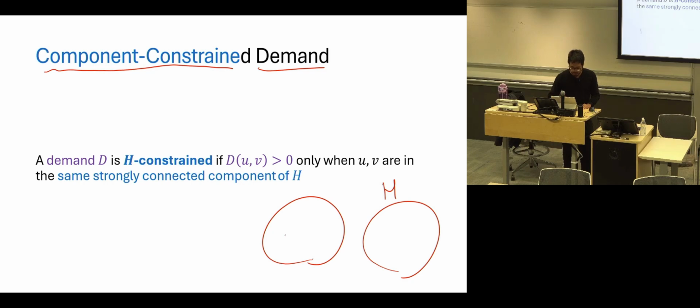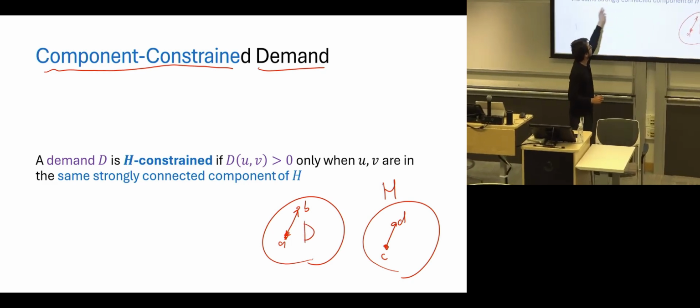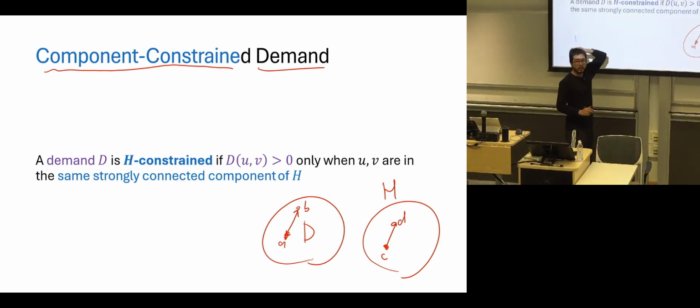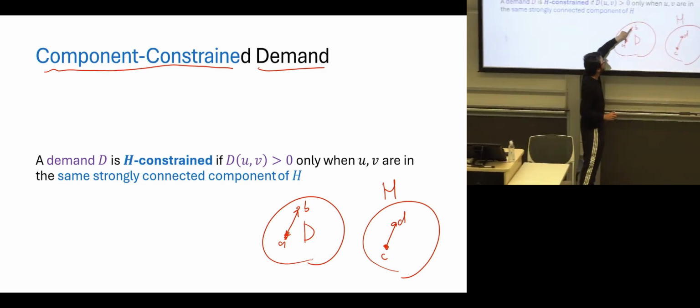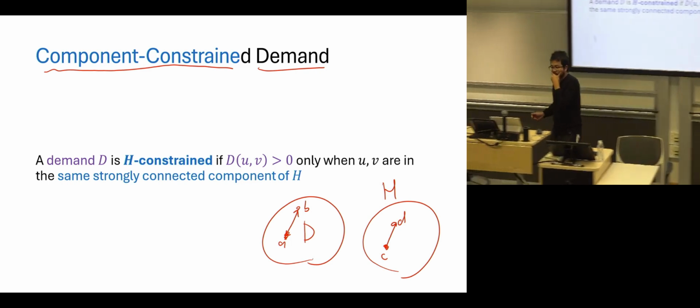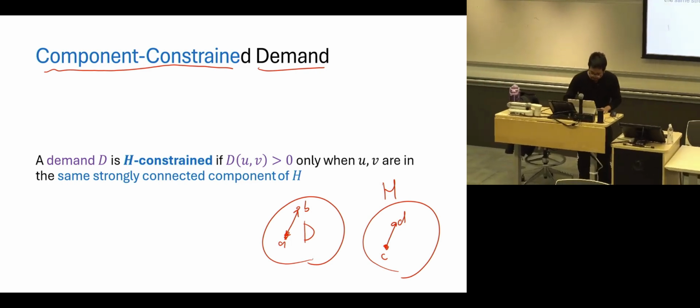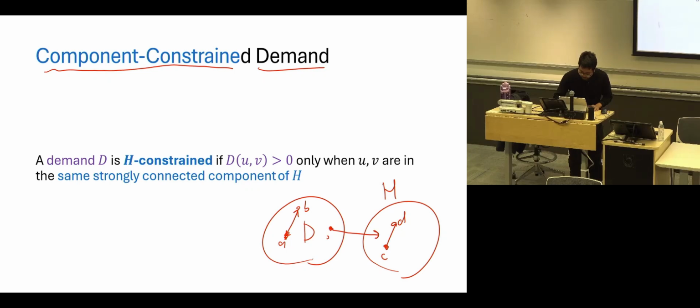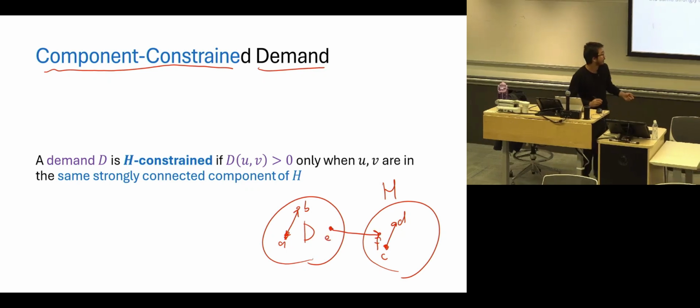Then demand is just a demand to send flow between pairs, right? And this demand D is constrained by the components of H if I can only try to send flow between nodes in the same connected component of H. So basically, I forbid it from trying to send between this thing.